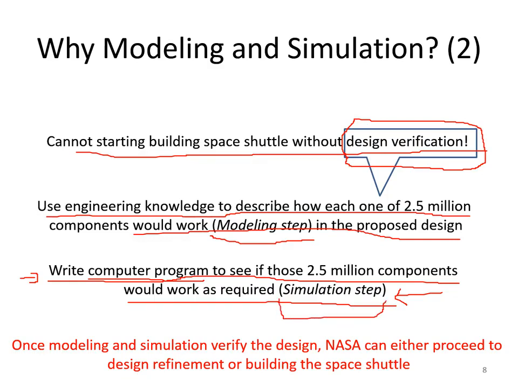Once the design step is complete and we have the models of each one of those million components, then we would like to see if those million components can work together to meet the design requirements. And that's why, once modeling and simulation verify the design, then we can either proceed to further design refinement, or we can just proceed to building the space shuttle.